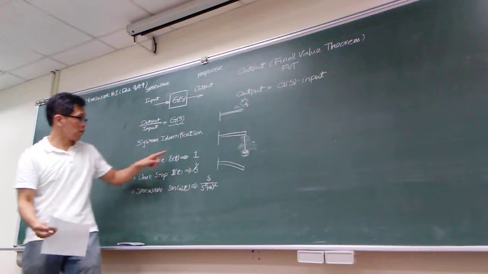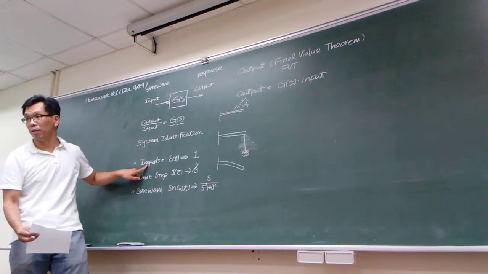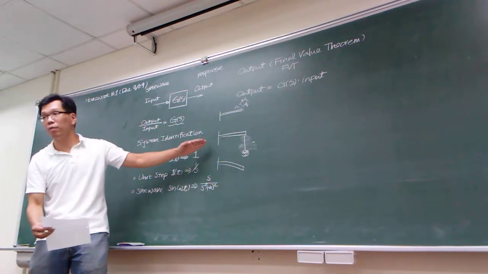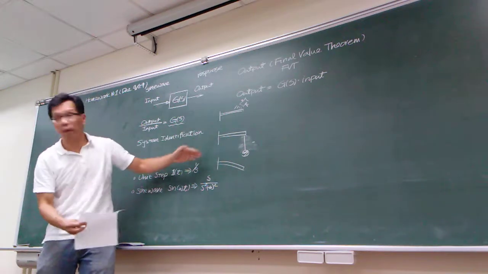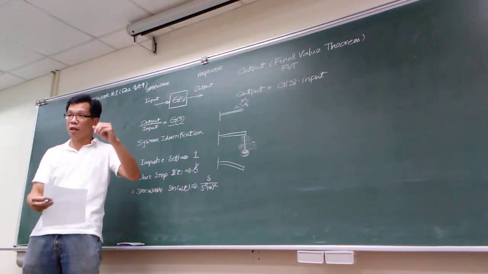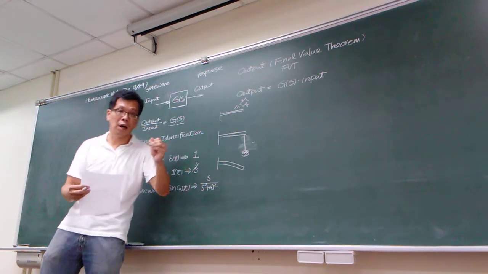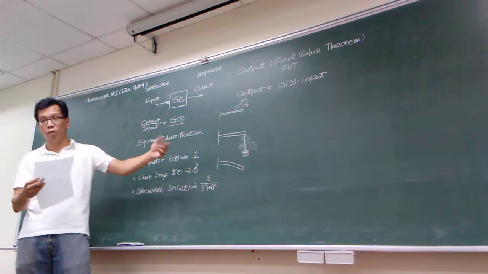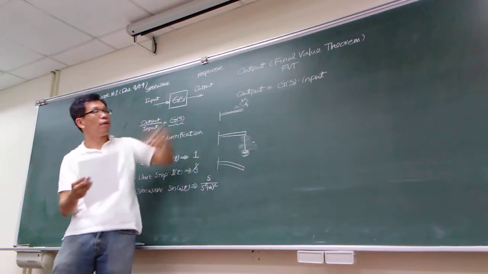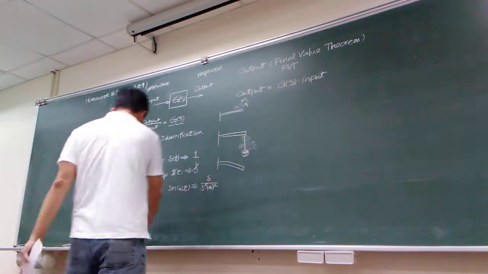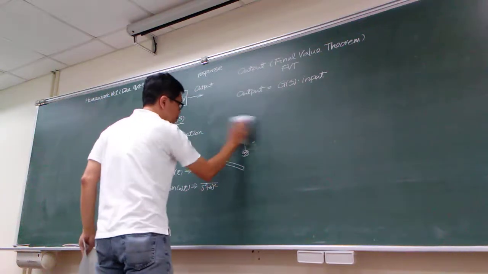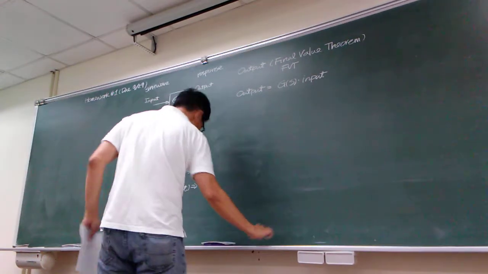This one over here is going to be similar to my impulse input. So depending on which kind of input you're going to have, both of them are going to get to a steady state. When we are having a steady state, can you estimate how much this value is going to be? We can do that because we can use final value theorem. So final value theorem is simple.